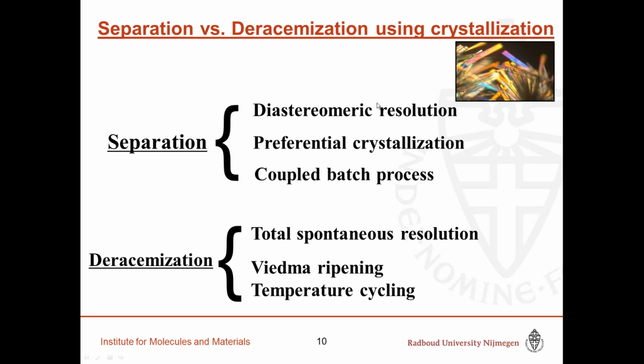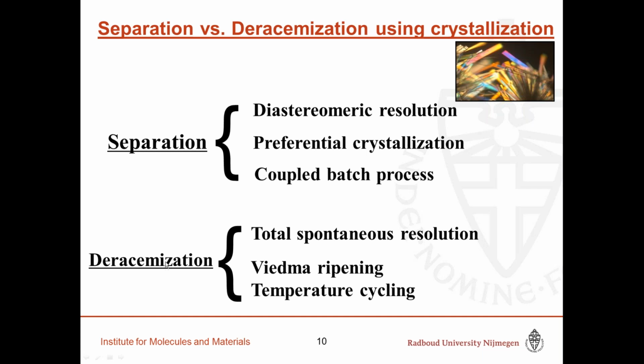When you use crystallography, you can use diastereomeric resolution, which I will not be talking about, but which is used a lot in practice, but also preferential crystallization, and I'll show you that in some detail. And then there's a nice alternative, which is called coupled batch processes, on which I will dwell very shortly.